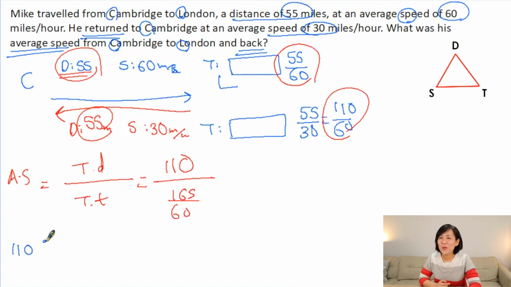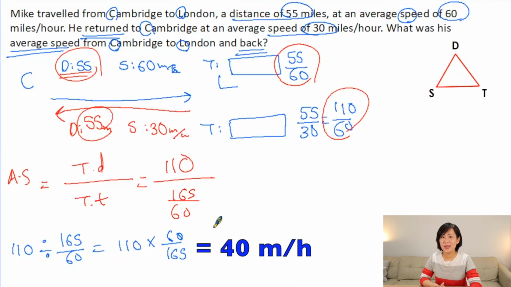So now 110 divided by 165/60. You change division into times: 110 times 60 over 165. When you calculate it, your answer is 40. So the answer for this question is 40 miles per hour.